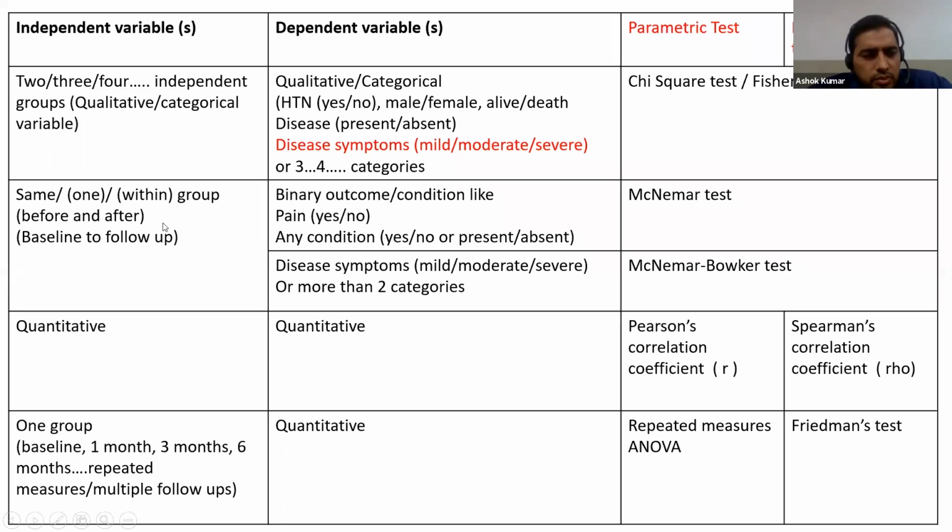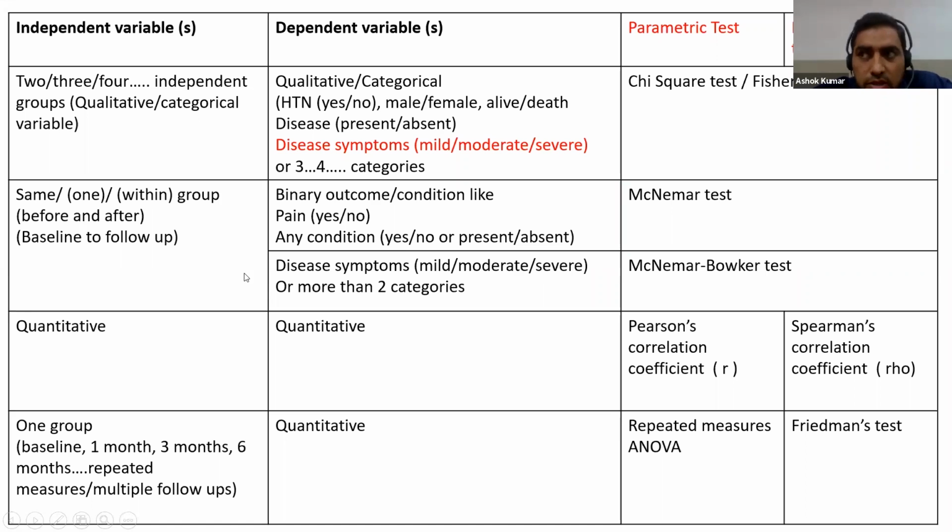Now suppose in the same group, within group, before and after in nature, for example, before treatment we checked pain yes or no, and after treatment, again the same patients, same group, we assess pain yes or no. It means baseline to a single follow-up.